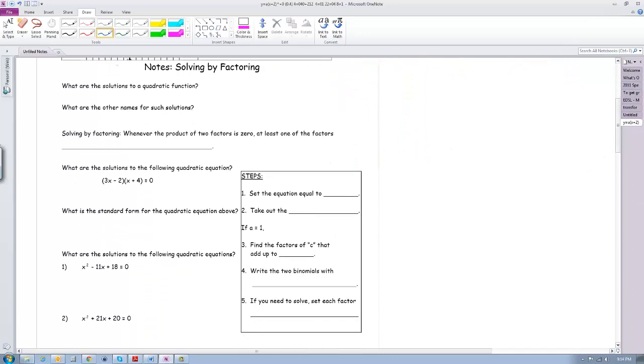Let's now move to our solving by factoring. You remember that our objective to solve a quadratic function is to find the solutions of it. And unfortunately, in many cases, when we have an equation like this equation that we have here, it's not very easy to find the value of x where the quadratic equation is actually crossing the x-axis.